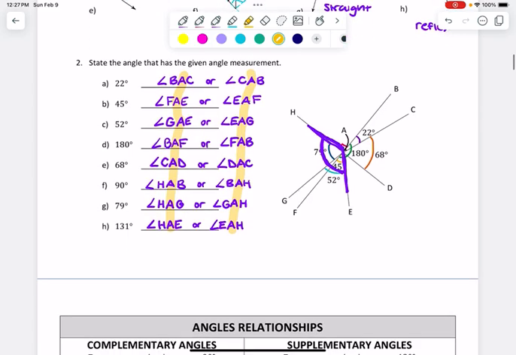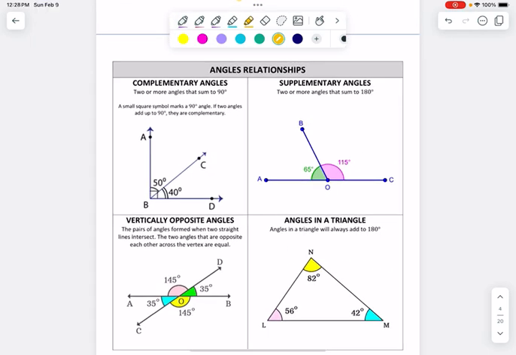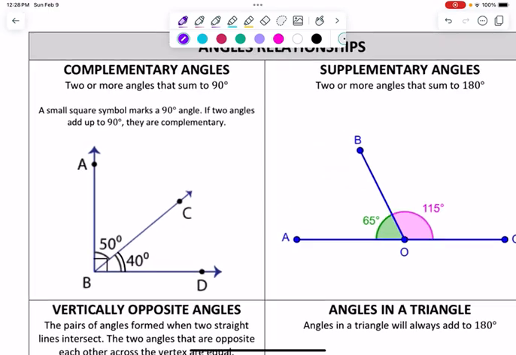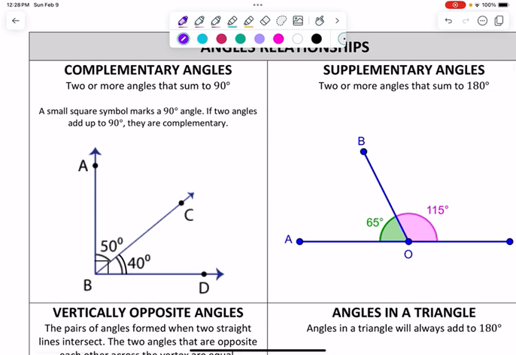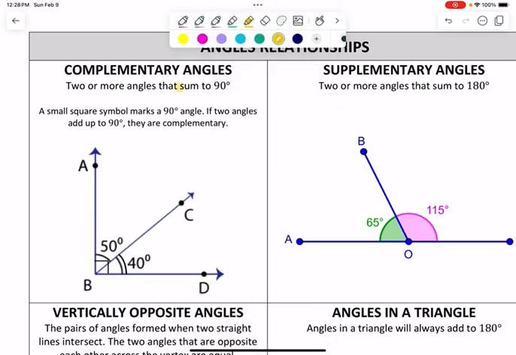The last thing I want to talk about is relationships between angles. Now, there are four key angle relationships that we're going to talk about in this course right now. The first one is called complementary angles. Complementary angles are two or more angles that add together, that sum to 90 degrees.